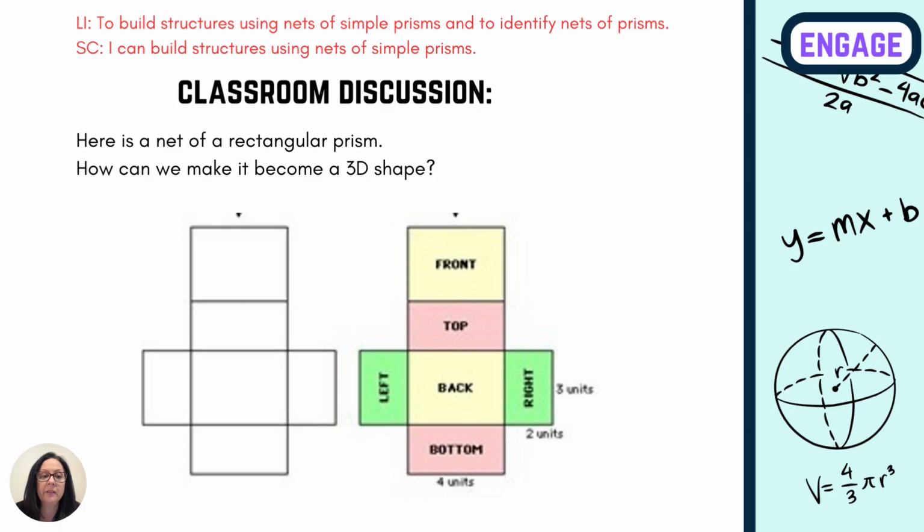Now here, what we've got here is a rectangular prism. So the goal here is for you to be able to identify how exactly you're going to take this flat net, and you're going to put it back together to make it into a solid shape, make it into the rectangular prism. So how would you achieve this? This is quite obvious here.